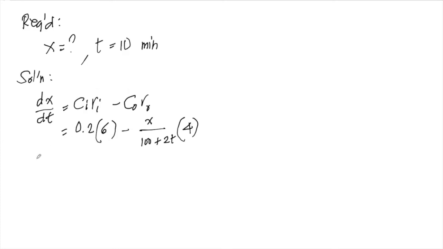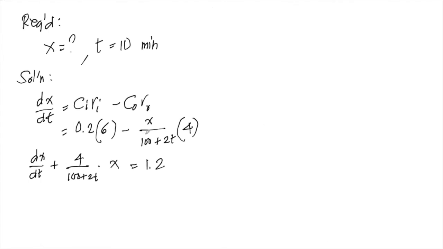Now, let's rewrite our equation in standard form. So dx over dt, transposing the second term to the left side, becomes positive 4 over 100 plus 2t times x, so that it is arranged, equals 0.2 times 6, which is 1.2.